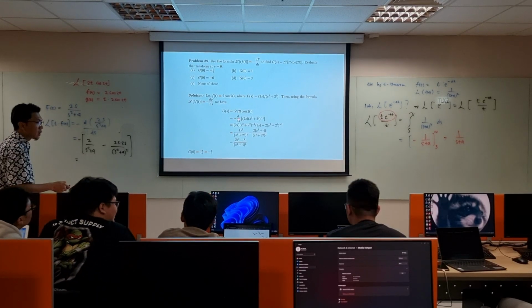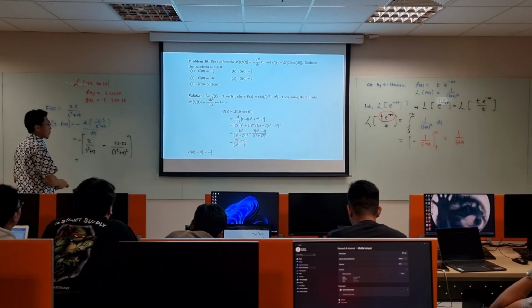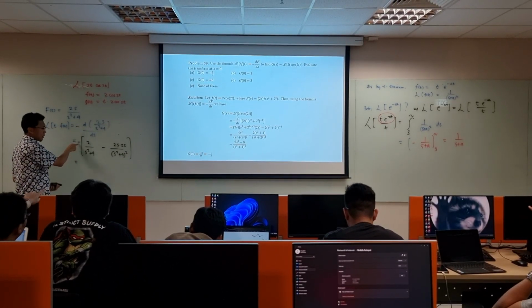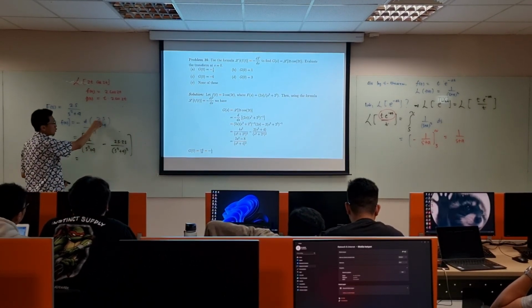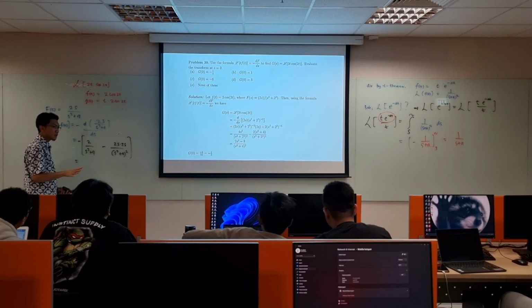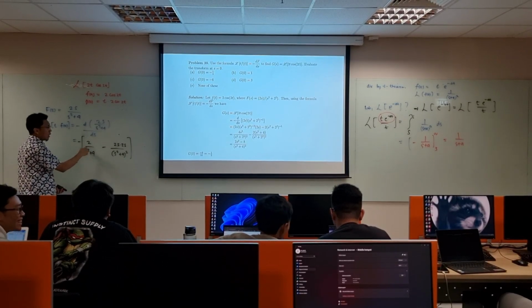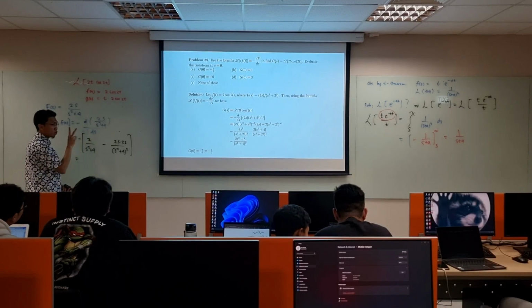From here to here? Okay. This minus is here. This term, I differentiate 2s. 1 over s squared plus 4 is constant, so I keep it here. What is the derivative of 2s? 2.